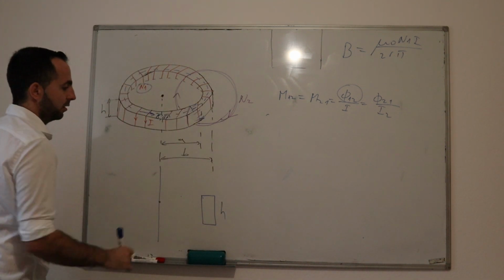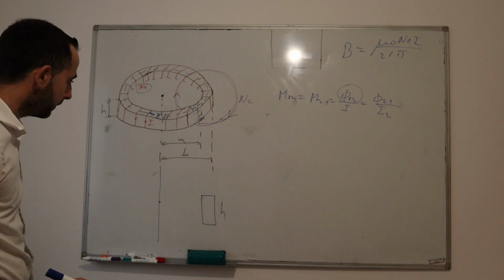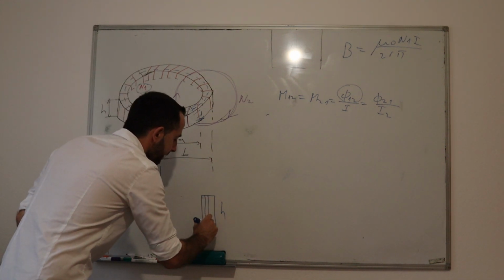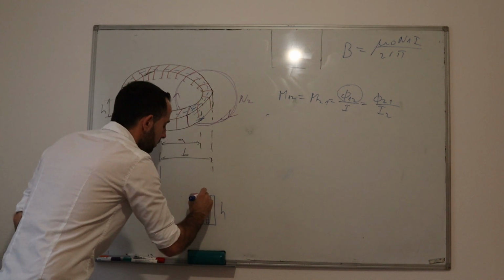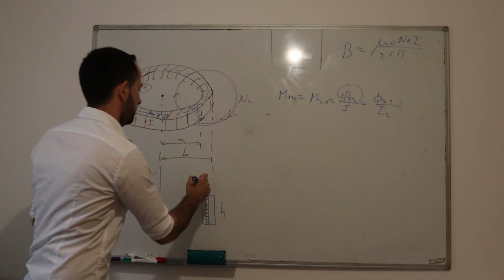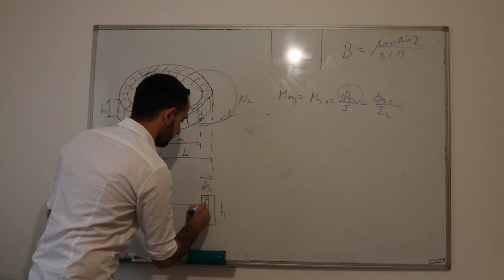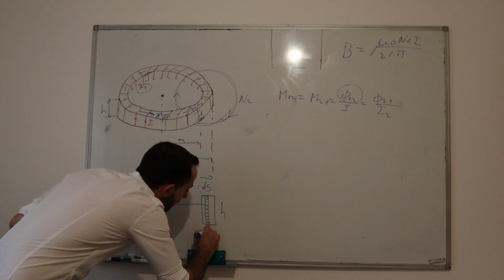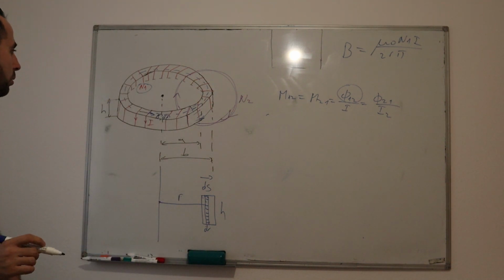This is the center. So here we will have some dS on a distance r, which means this infinitely small part is dr.